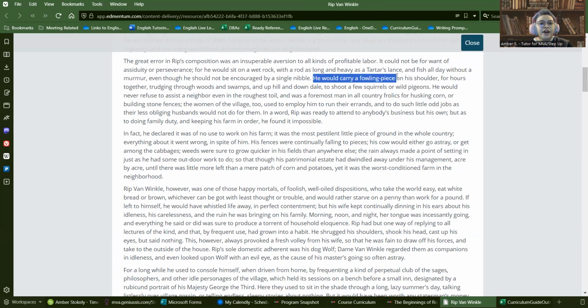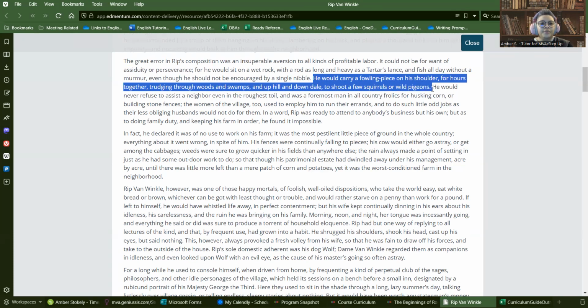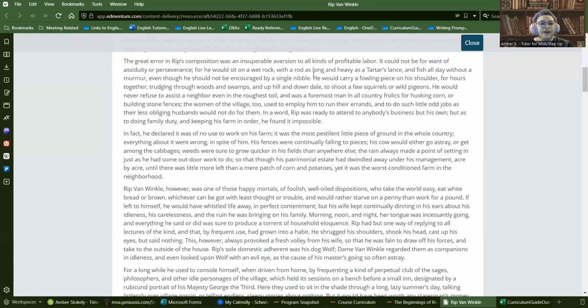"He would carry a fowling piece on his shoulder for hours together, trudging through the woods and swamps, and up hill and down dale, to shoot a few squirrels or wild pigeons." Dale is kind of a type of landscape. So a fowling piece is a type of gun, obviously. And it says that he'll trudge through.